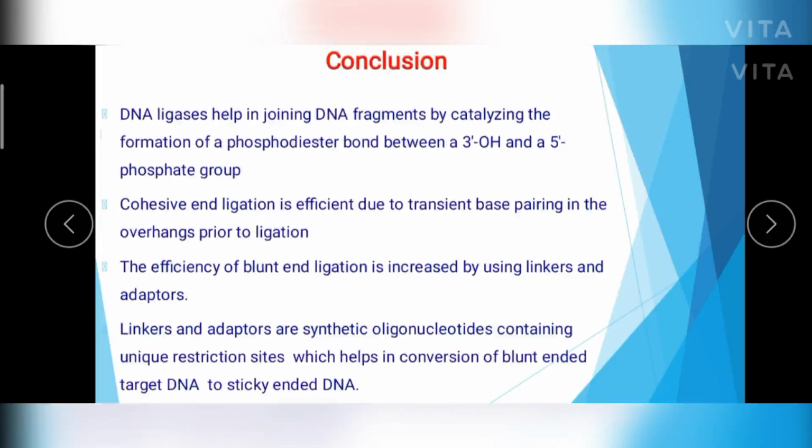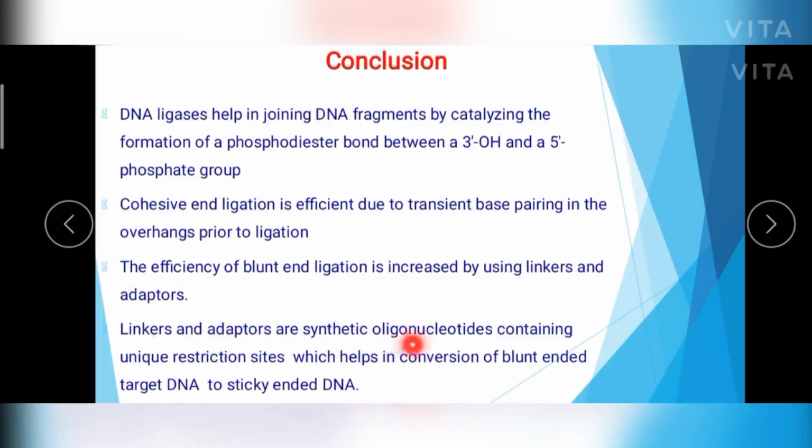So, in conclusion, ligases help in the joining of DNA fragments by the formation of a phosphodiester bond between the 3' OH and 5' phosphate group. Of the two types of ligations which we have discussed, cohesive end ligation is more efficient due to transient base pairing of the overhangs, and blunt end ligation is less efficient, but this can be overcome by using linkers and adapters.